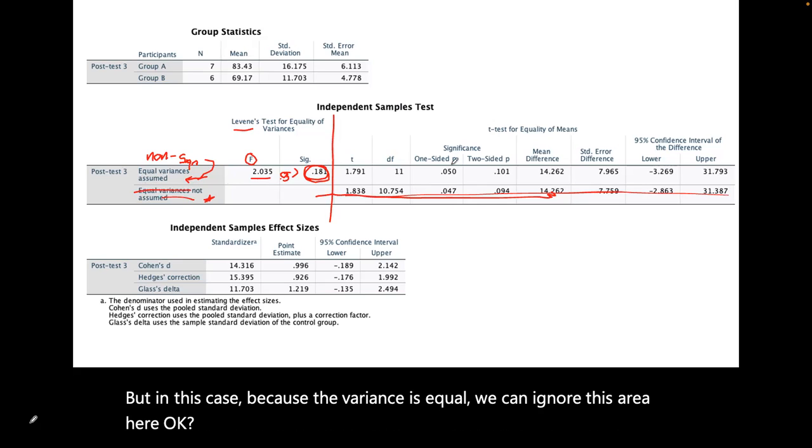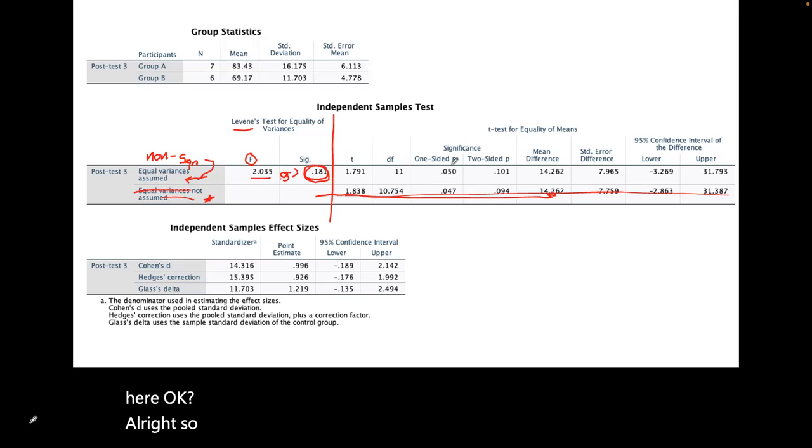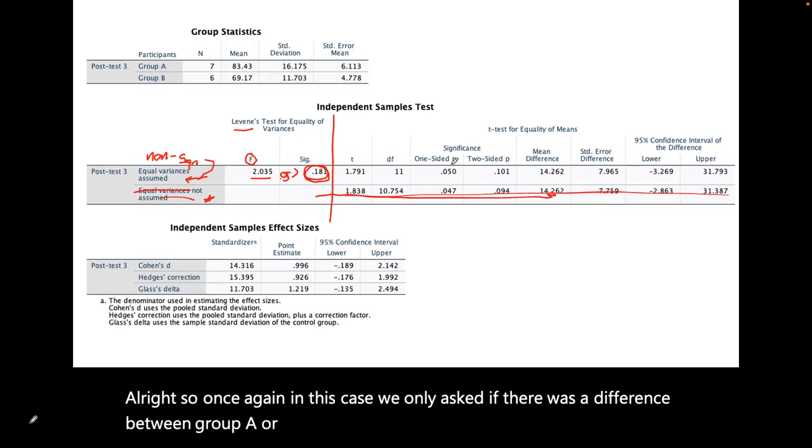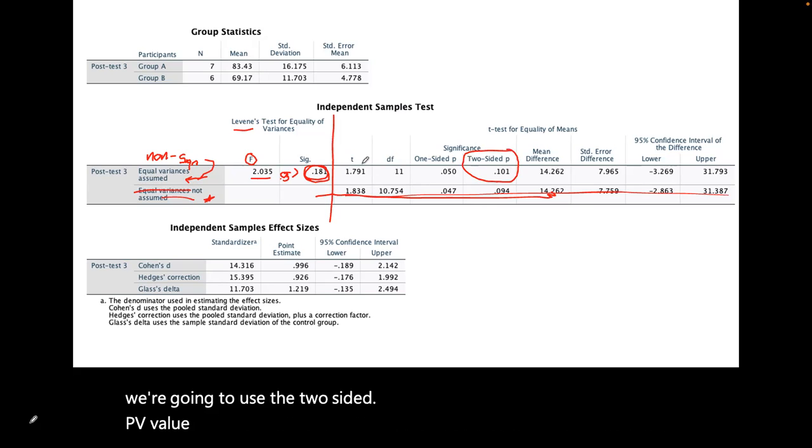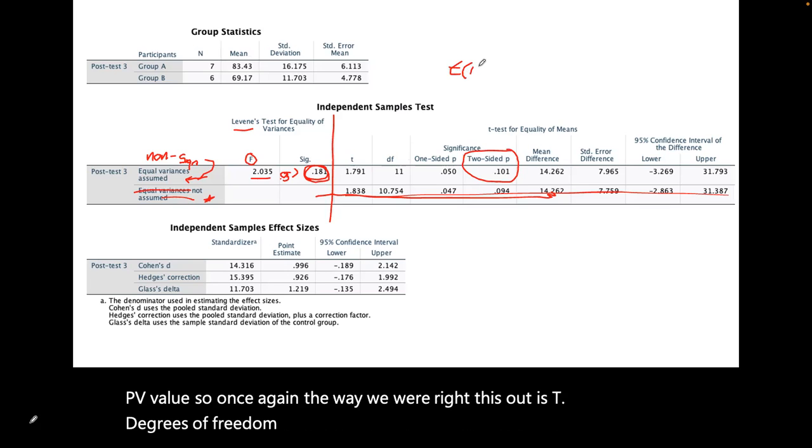All right. So once again, in this case, we only asked if there was a difference between group A or B. We didn't predict which would be lower. So we're going to use the two-sided p-value, okay? So once again, the way we would write this out is t, degrees of freedom of 11, okay?